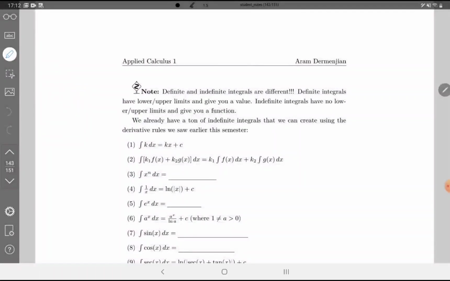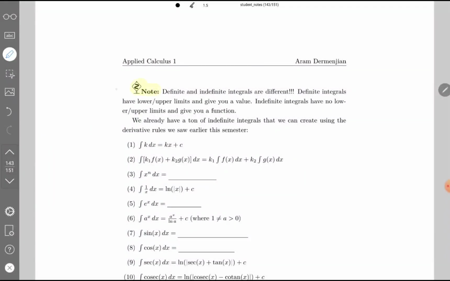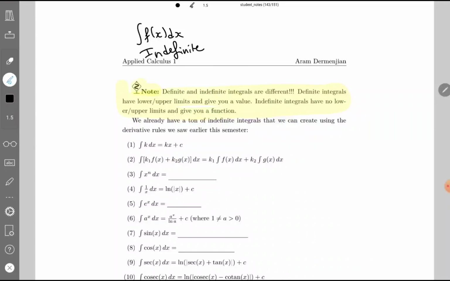But here I've highlighted this note, and it's a very important note. It's looking at the difference between a definite and an indefinite integral. This is what we just defined. This is indefinite. And then if I add my lower and upper limits, I get a definite integral.